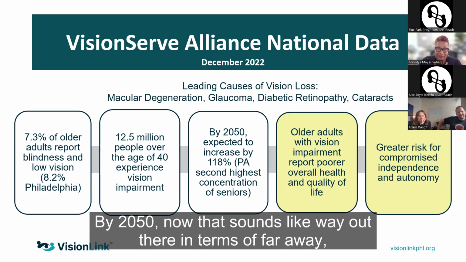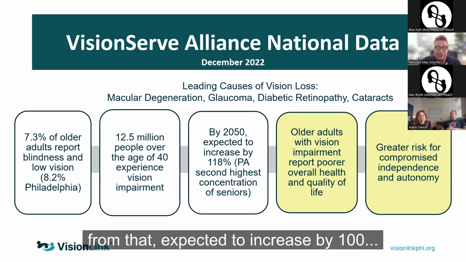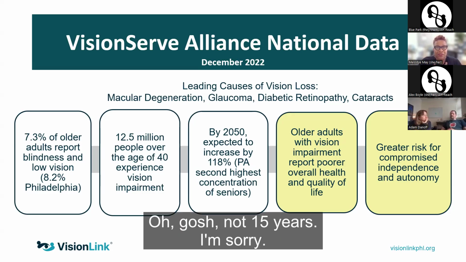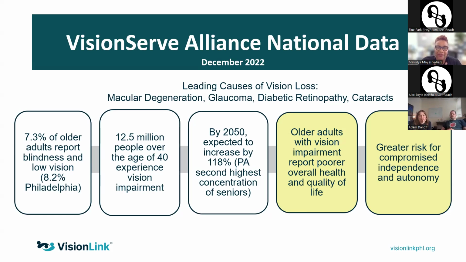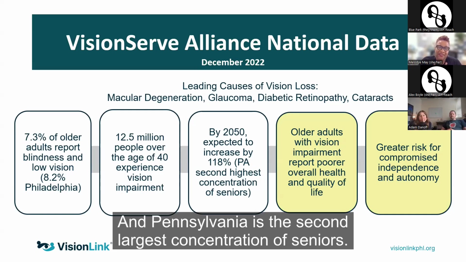By 2050, now that sounds like way out there in terms of far away, but we are really only, I'm sorry, 25 years away from that, expected to increase by 118%. And Pennsylvania is the second largest concentration of seniors.